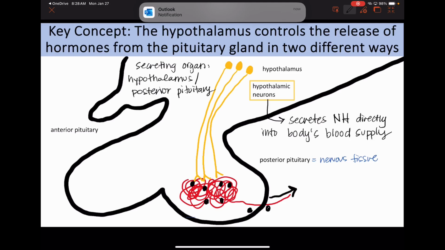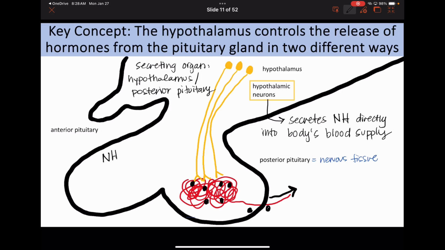Okay, the neurohormones that are released here, and we'll talk about these more in detail, include oxytocin. I'll mention this now just because we just talked about prolactin being for breast milk production.